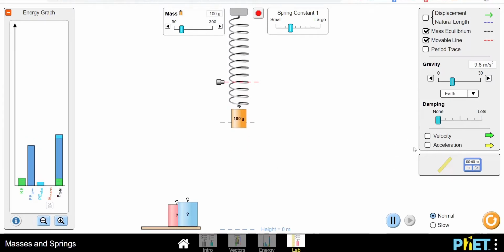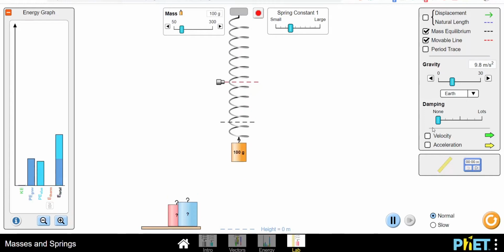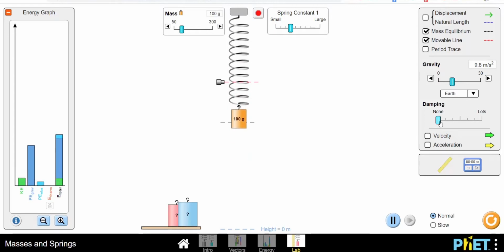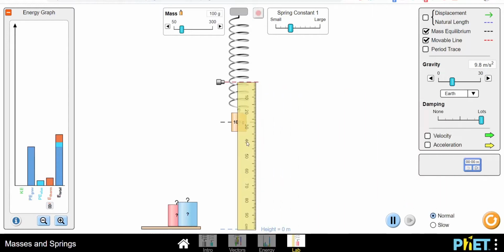For our case, it does not matter how much damping there is, just to measure the Hooke's law. But when you're measuring the time period, then that matters. So now I'm going to set the damping to a lot, just so I can measure this length here. So what is this length here?